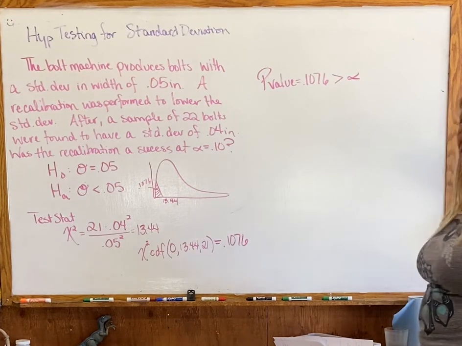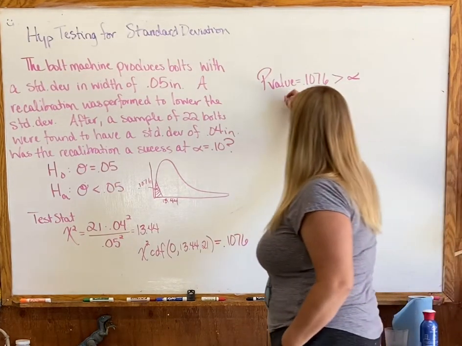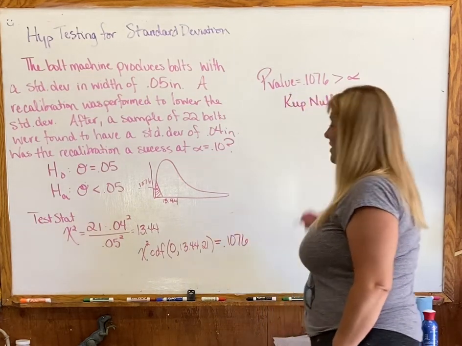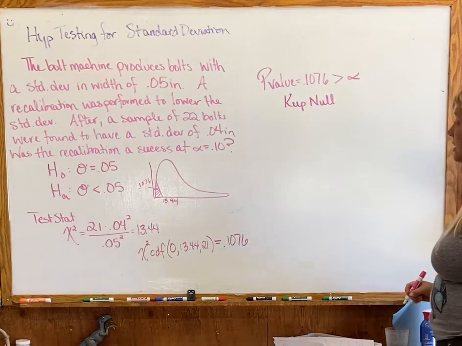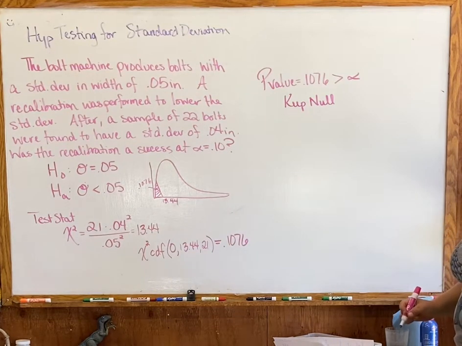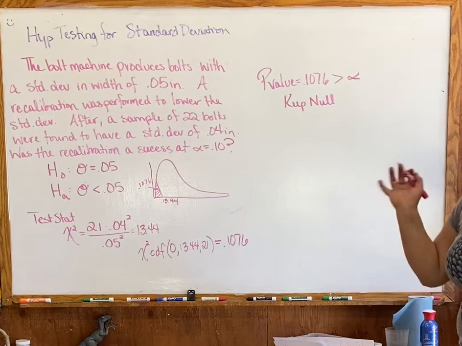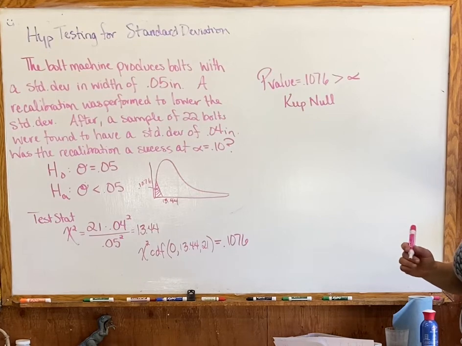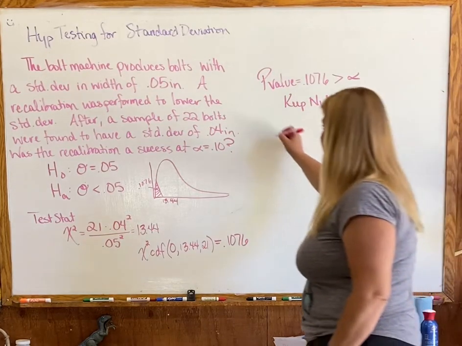And it is actually over alpha, which means we have to keep the null, okay? Keep the null, which, remember, they already did the recalibration, which means they turned off the whole machine and cleaned it and did everything they were supposed to do. But there's not enough evidence to say that it worked, is there?